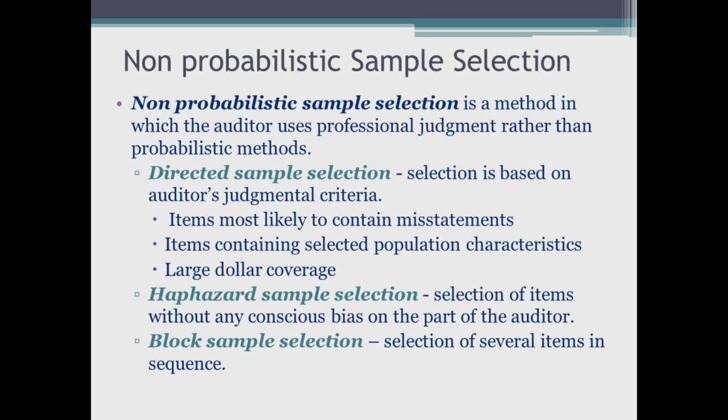So our idea of a sample selection was to do some kind of random selection: flip a coin or take out a dollar, close your eyes, put your finger on the serial number, and whatever number that was, you did every nth item. So let's say my finger happened to land on a 5. I would start with the population and say, I'm going to select every 5th item. It was really haphazard selection.